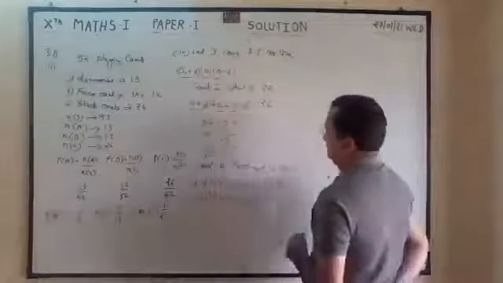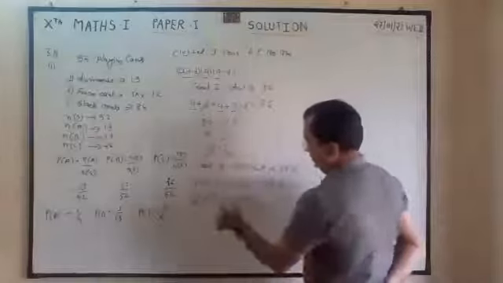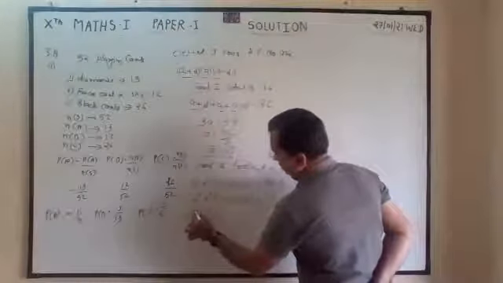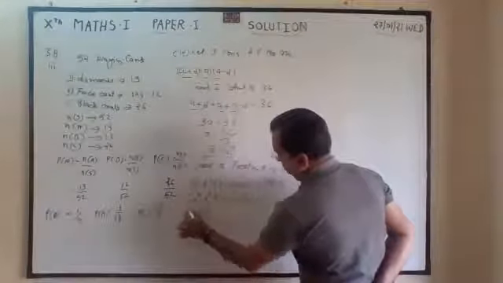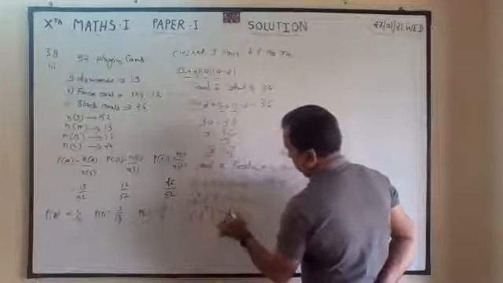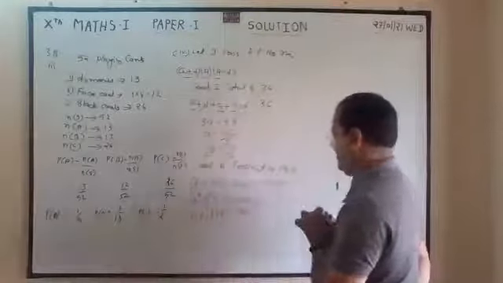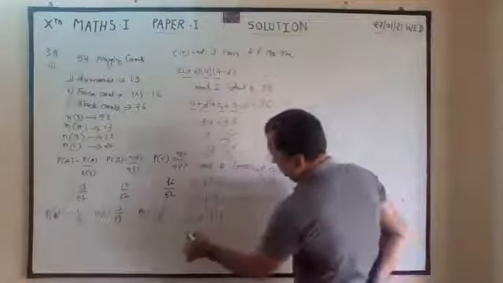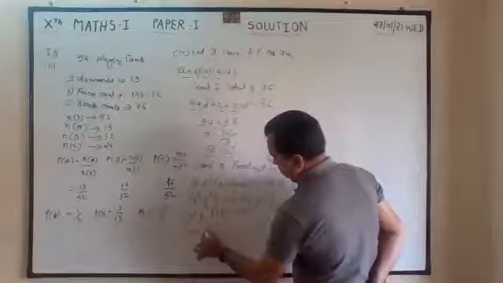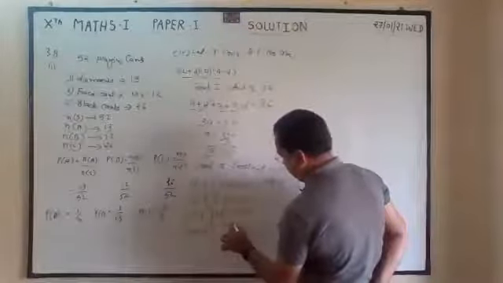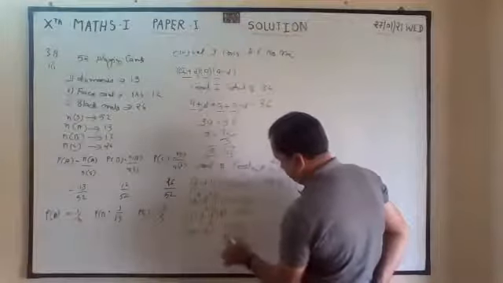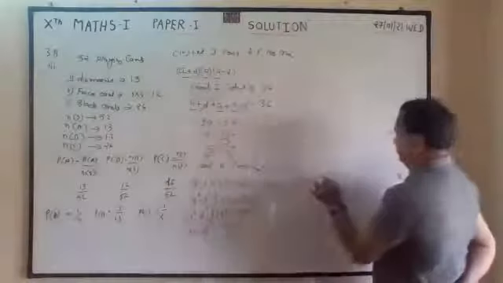Now, what is A? A is 12. 12 goes down. Divide it.